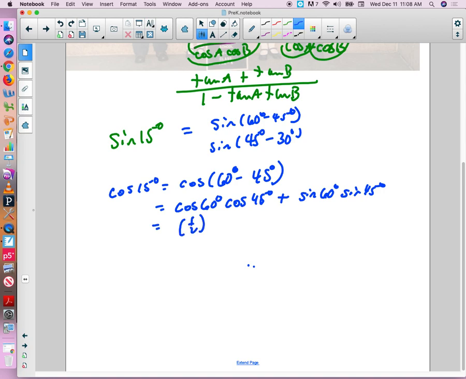Cosine of 60, cosine of 45, sine of 60, sine of 45. So I get square root of 2 over 4 plus square root of 6 over 4.